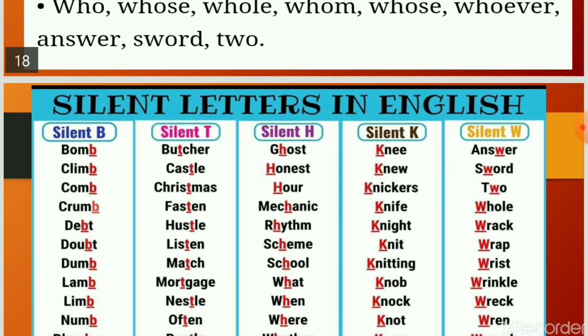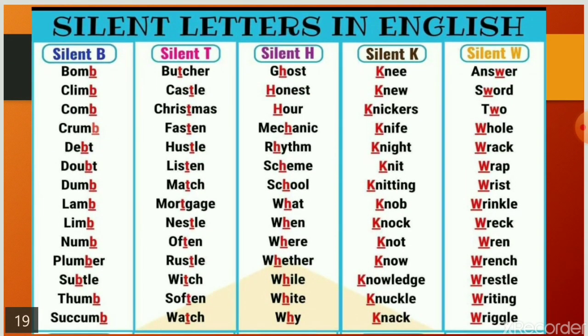And now comes a comprehensive and detailed list. I have collected and gathered all sorts of silent letters, arranged alphabetically, to help my intelligent students understand better.